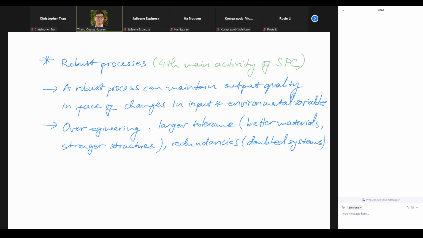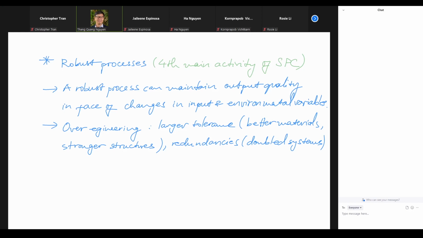Okay, but of course it's more costly. Instead of building one thing, now you have to build two or three things, right? And it is costly to do the double system like that. So that's the first big group of methods.